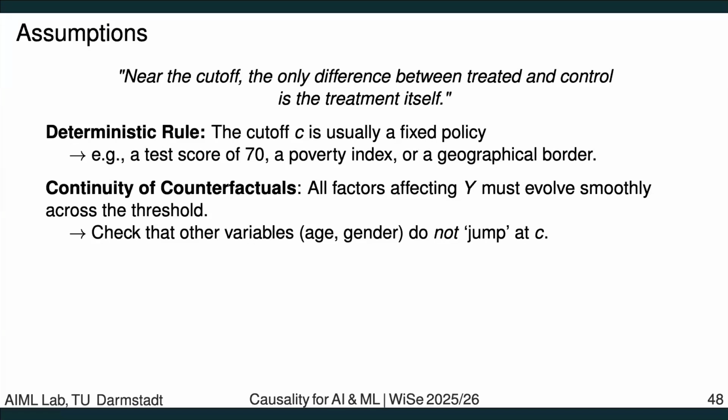So usually I assume, okay, maybe age, gender, things that are equally distributed, and where I do not assume that if I go across or above this cutoff, suddenly other factors might jump, because then I would again have this problem to say, well, is the effect I see from this other factor that suddenly went up, or is it due to my program, or whatever I do with this decision.